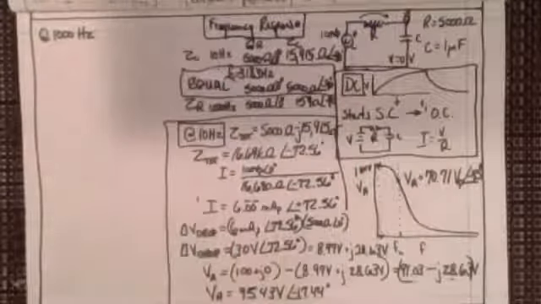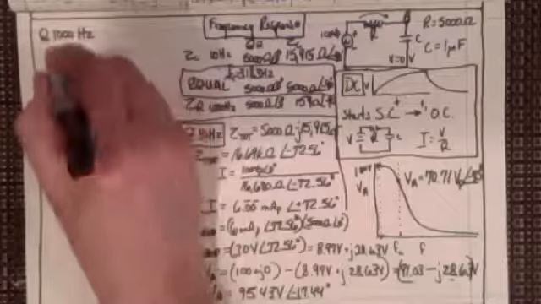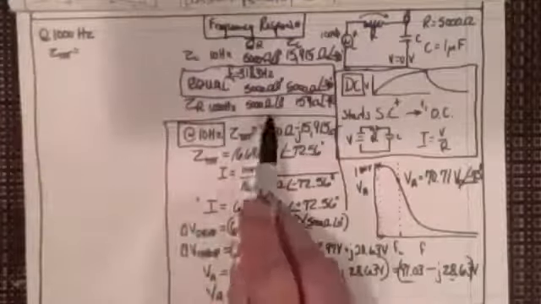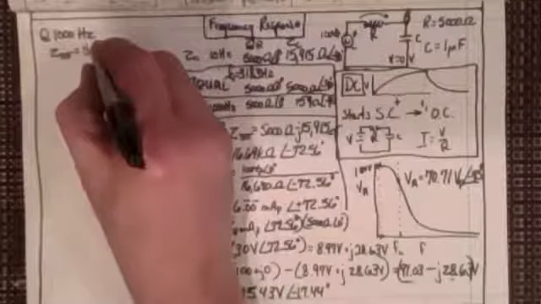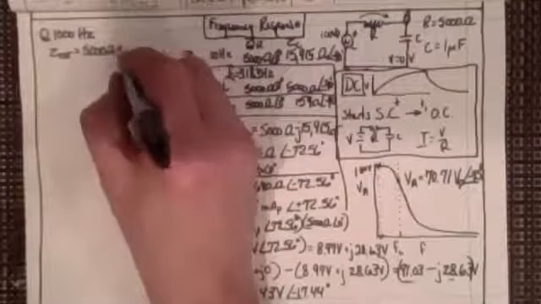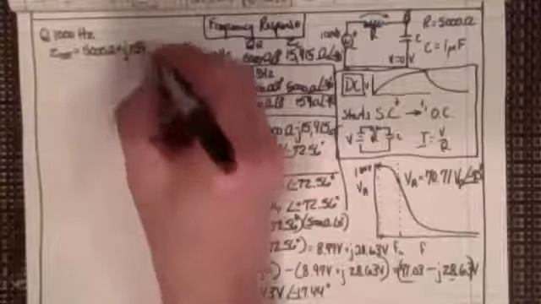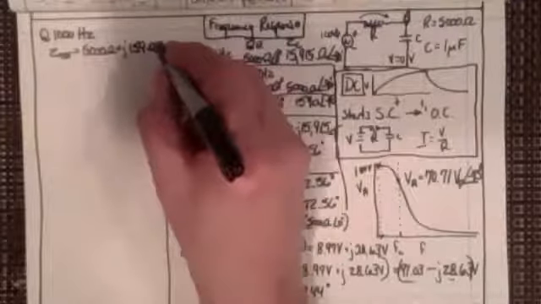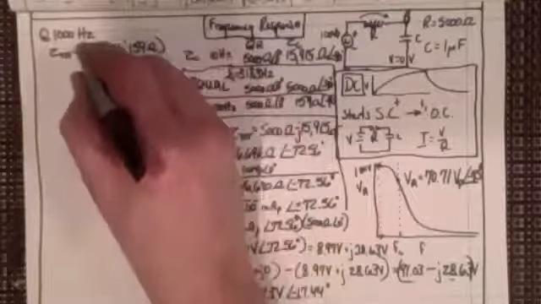Okay, at 1,000 hertz, my total is going to be entirely different. My total impedance, you can see, is 5,000 ohms plus j159, I'll just say 159 ohms. And that's it.